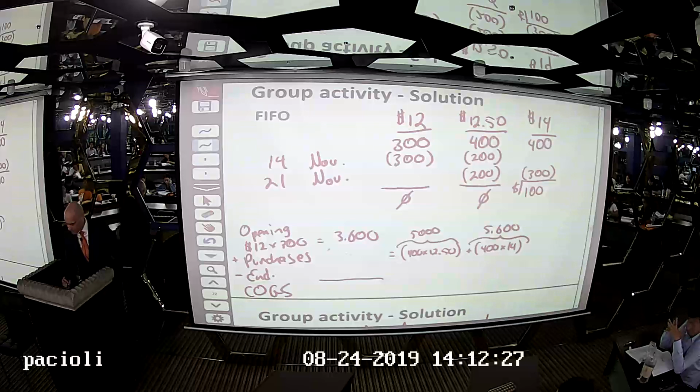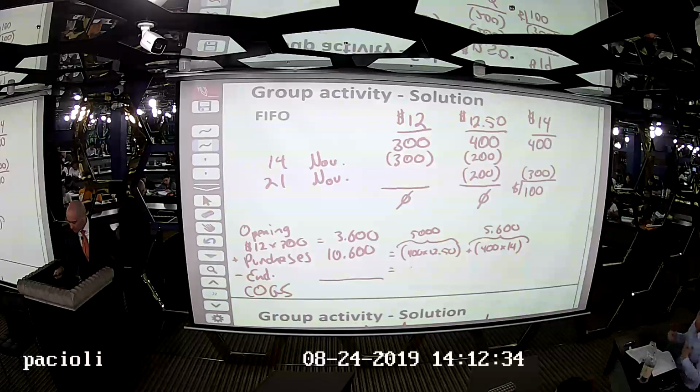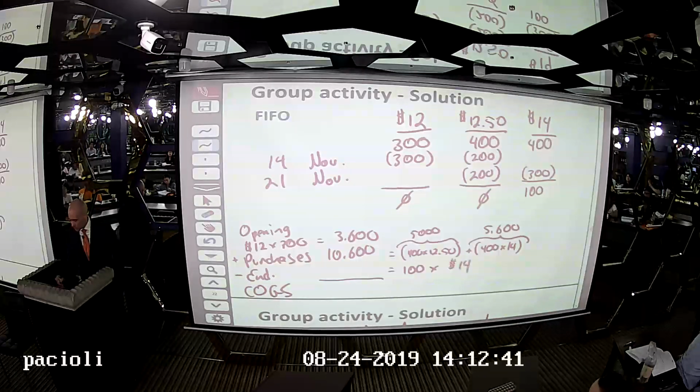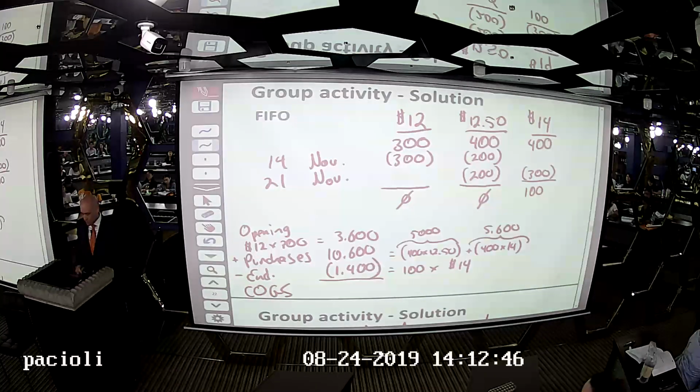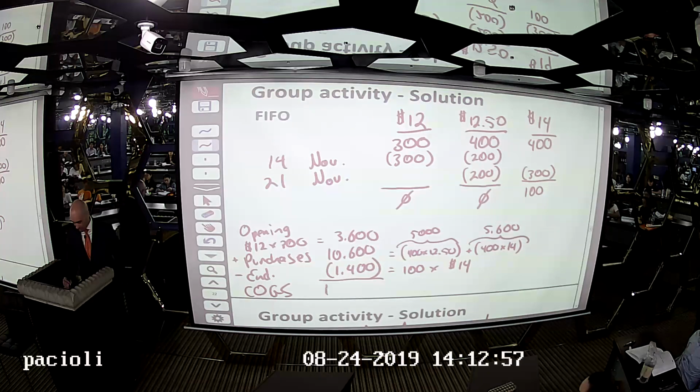So the purchases are 10,600. The ending inventory, we have left 100 units. We have 100 units at a value of $14 each, so that's 1,400. So the cost of goods sold is 3,600 plus 10,600 minus 1,400. And yes, 12,800.